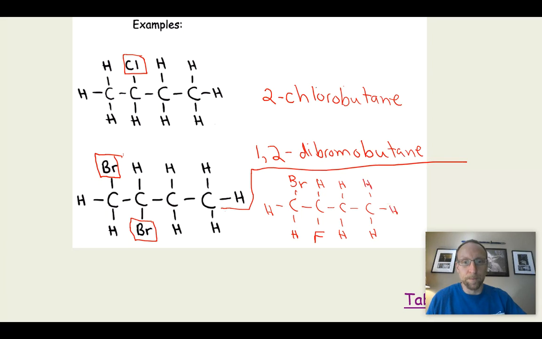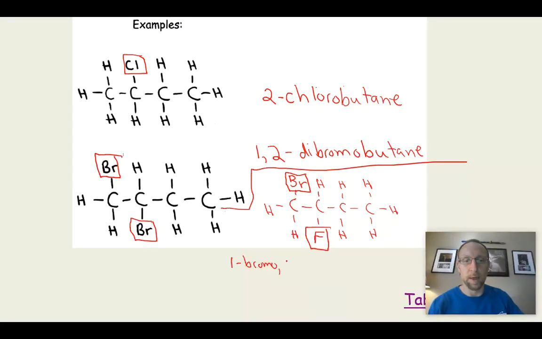All right, so now what do we call this? Well, now I've got a bromine here, and I've got a fluorine here. So now they're not the same halogen, so we treat them like different branches. And you just always want to start with the one that's the lowest number. So where are they? One's on the 1 carbon, one's on the 2 carbon. So on the 1 carbon, I have a bromo.